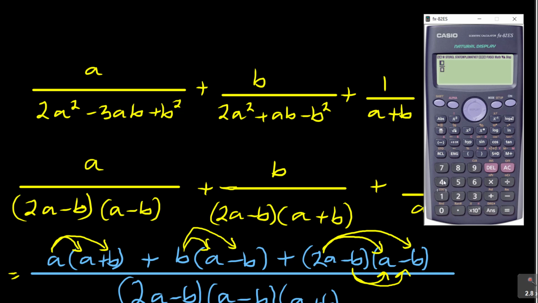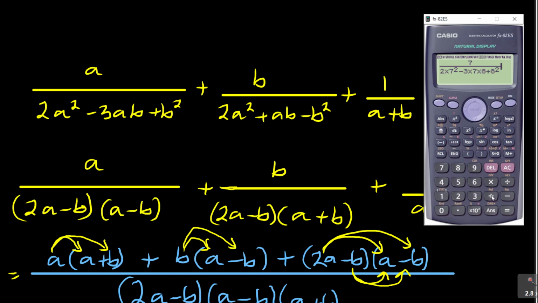So let's do that. a is 7 over b, which is 2 times a, which is 7 squared, minus 3 times a is 7, b is 8, plus b squared, which is 8 squared.